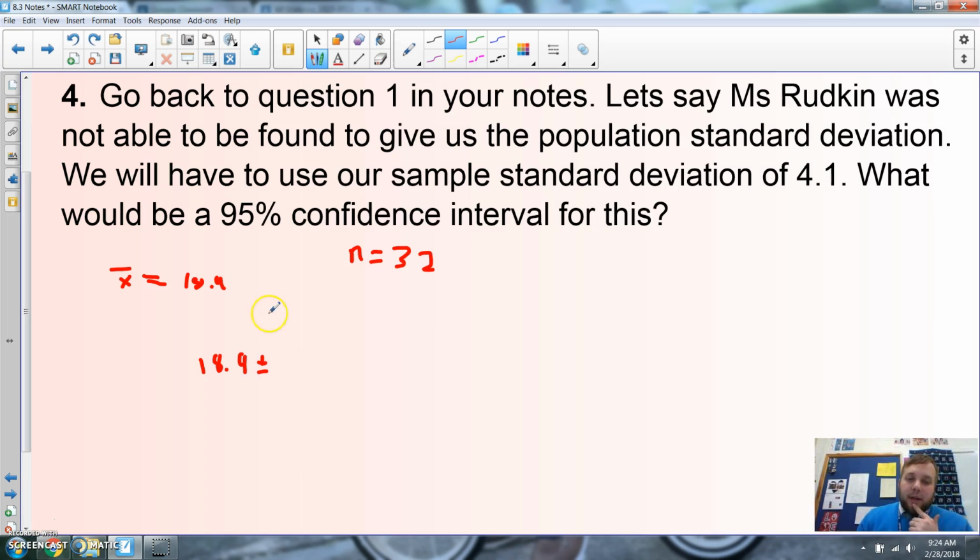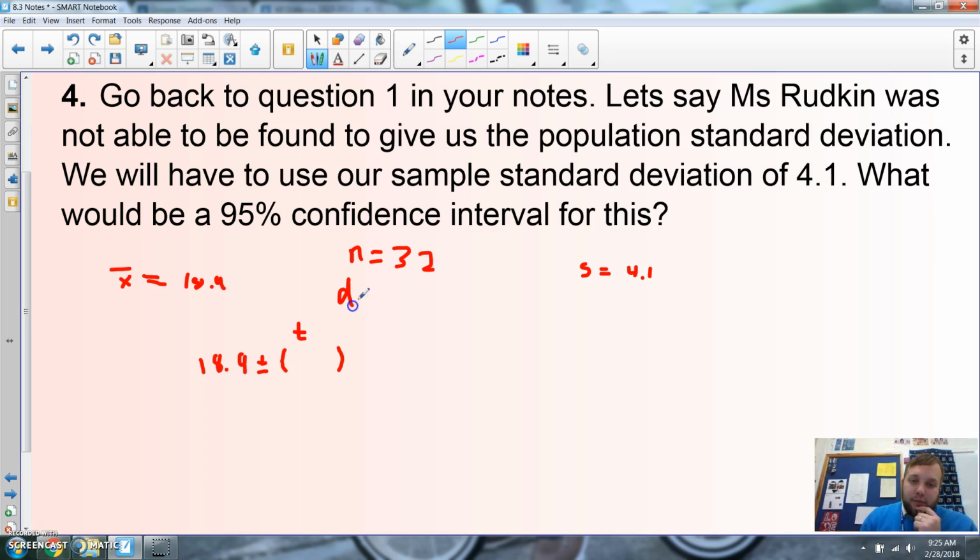My critical value. Now here's the deal, I don't actually know the actual standard deviation. I have to use my sample of 4.1. So I am going to use a T critical value, not a Z critical value. So I want to be 95% confident.